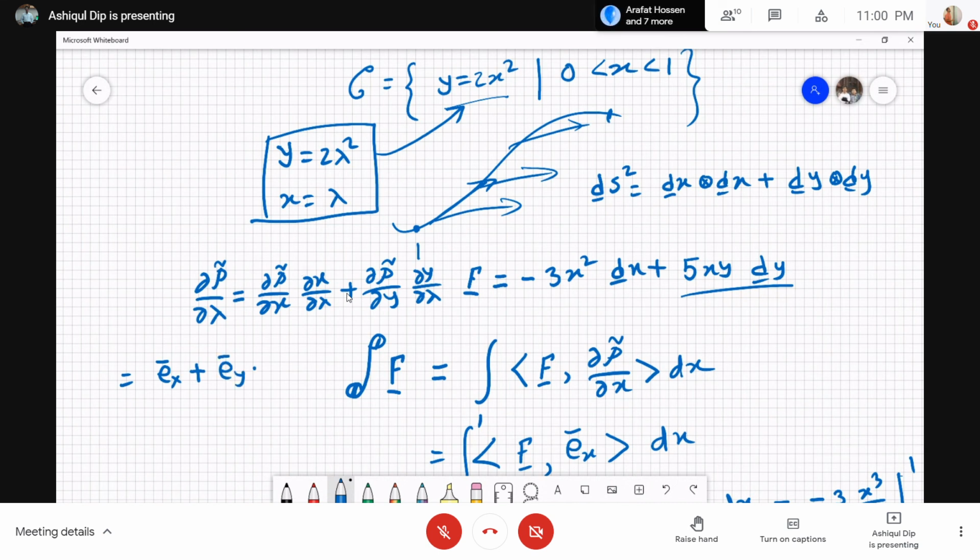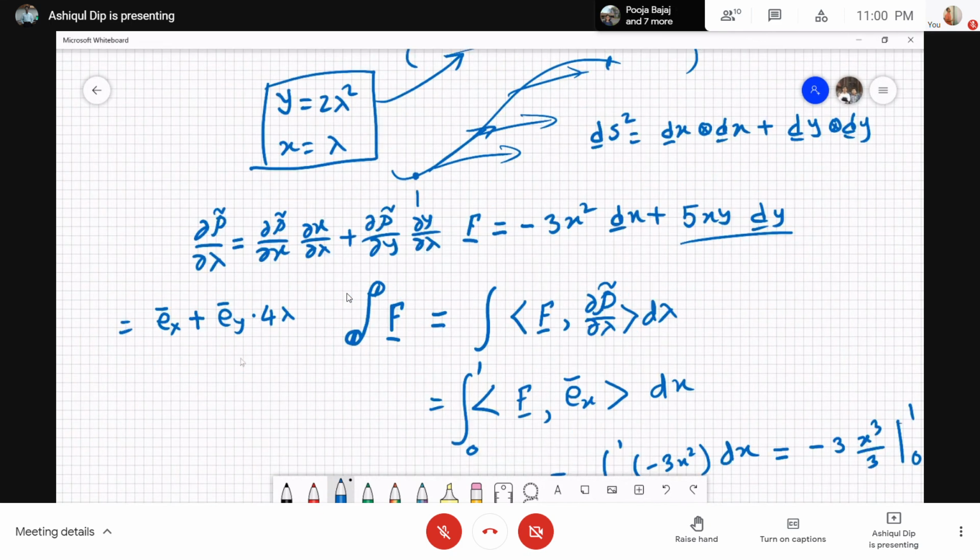How much is that? 4 lambda. Okay, now I substitute. The basic definition is delta p tilde by delta lambda d lambda. Then substitute everything else.